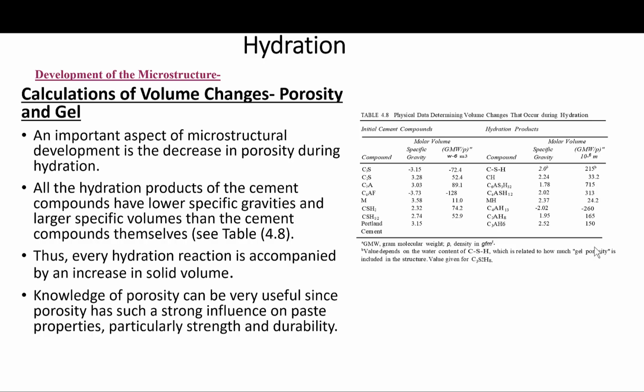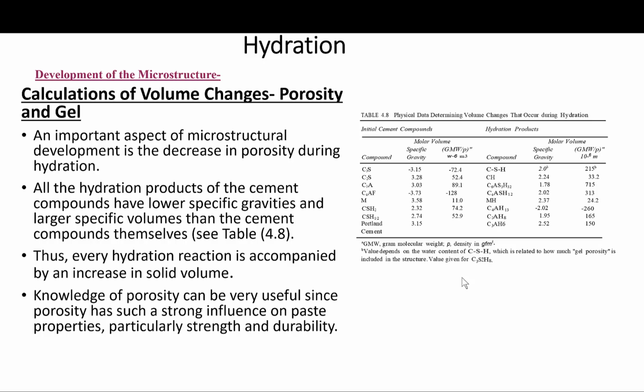Okay, so all the hydration products of the cement compounds have lower specific gravities and larger specific volumes than the cement compounds themselves, as you can see in this table right here. So that means every hydration reaction is accompanied by an increase in solid volume.